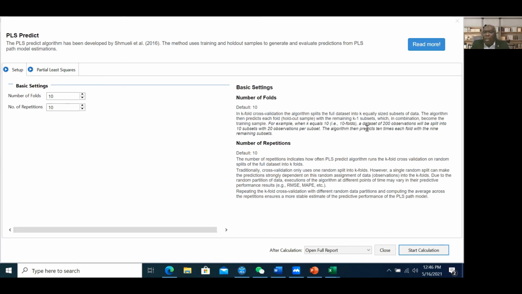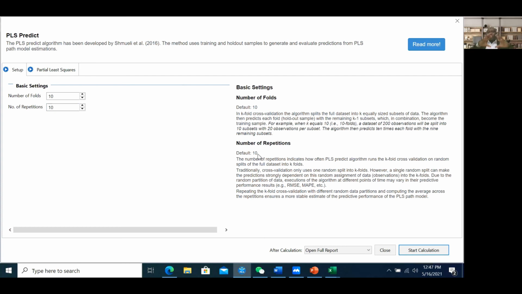So a data set of 200 observations will be split into 10 subsets with 20 observations per subset. The algorithm then predicts 10 times, each fold with the 9 remaining subsets. Then there is the number of repetitions, or iterations.